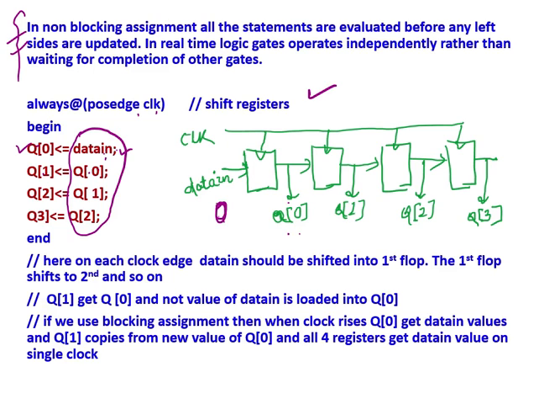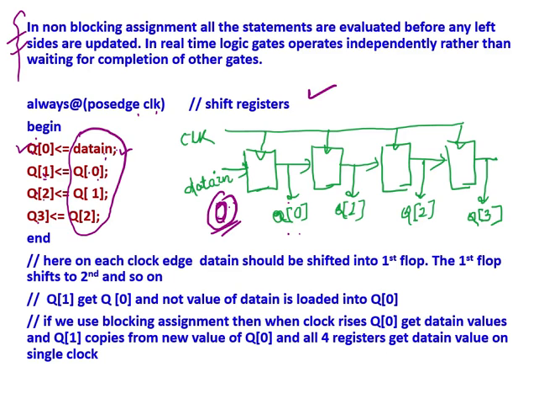It doesn't mean the 0 will be propagated to Q0, and then that same 0 to Q1, then Q2 to Q3. No, it is not transparent. Whatever value I assigned to data in will be updated to Q0, but the Q0 value will not simultaneously be updated to Q1, Q2 and Q3.